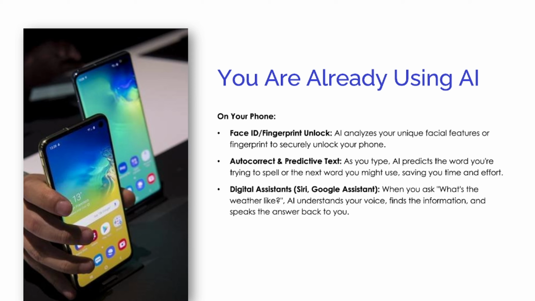Alright, so now you are already using AI, but you do not know. But now I'm letting you know that you've been using AI even before this AI trend, long ago. Now, on your phone, the smartphone you're using now, with Face ID and fingerprint unlock, AI analyzes your unique facial features or fingerprints to securely unlock your phone.